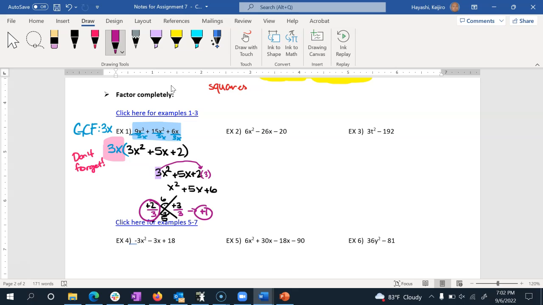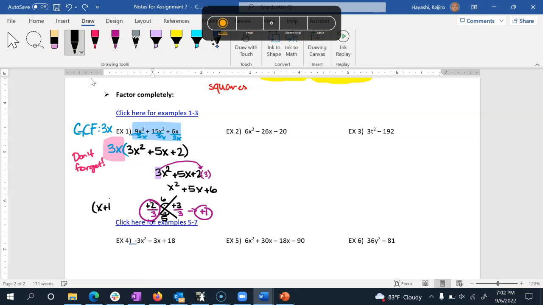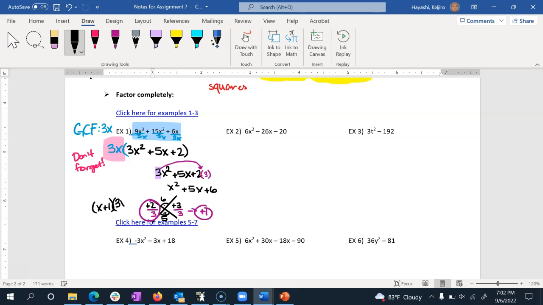So what two factors does 3x squared plus 5x plus 2 become? Right, one of the factors is x plus 1. What's the other factor? Okay, and that's from this, 3x plus 2. And what was in the front of this all that we said we wouldn't forget about?